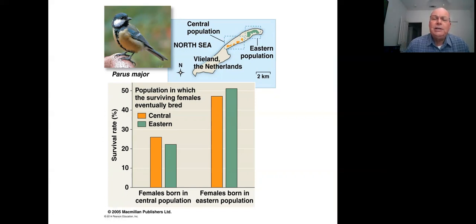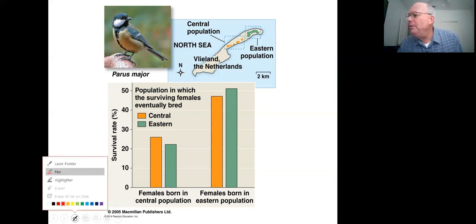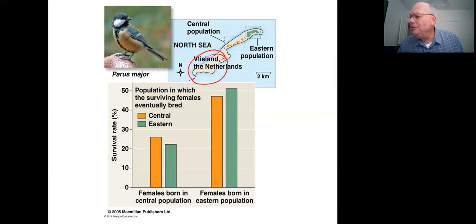So Vlieland is one of the islands that's off the northwest coast of the Netherlands in Europe. This end of the island, let me put the pen up, this end of the island is actually adjacent to other islands down here, which are in turn separated by a small channel from the mainland.